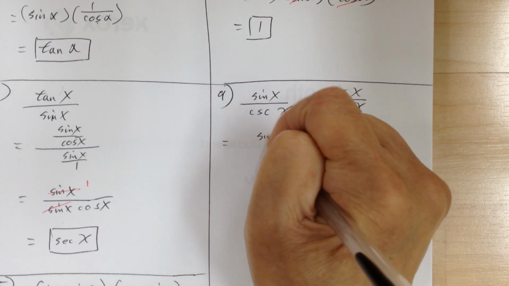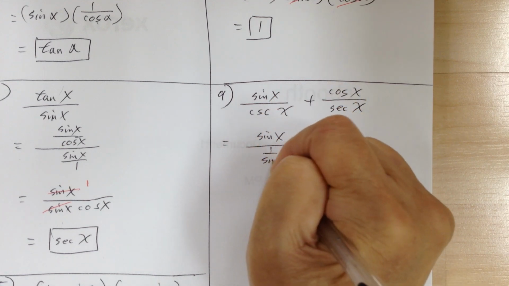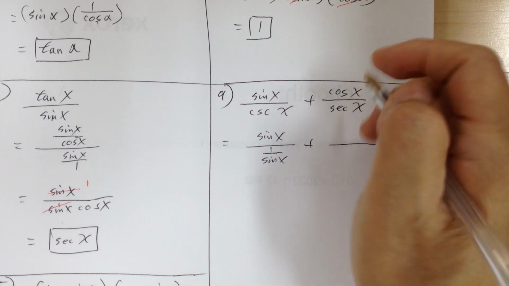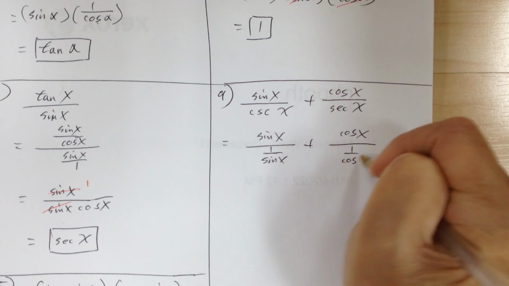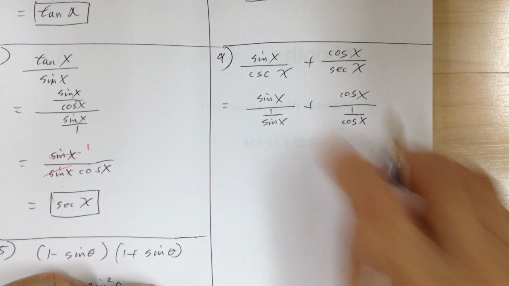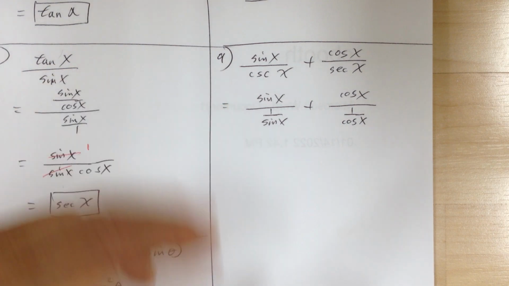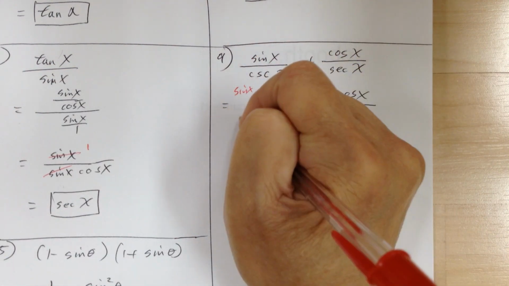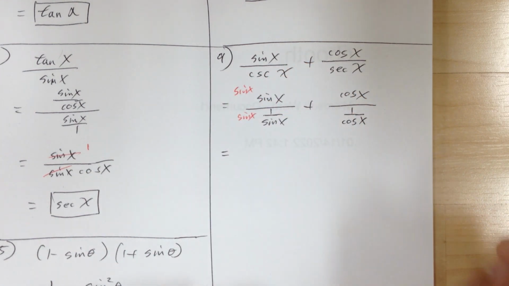So this is equal to sine x over, cosecant is 1 over sine x, and secant is 1 over cosine x. Next, when you have a complex fraction, what you want to do is multiply. You can use outside over inside, or you can just multiply by the common denominator. So you can multiply by sine x, so that this will cancel out.